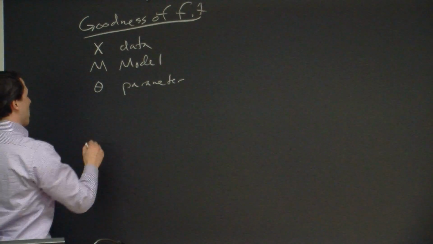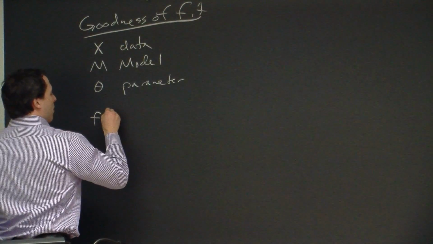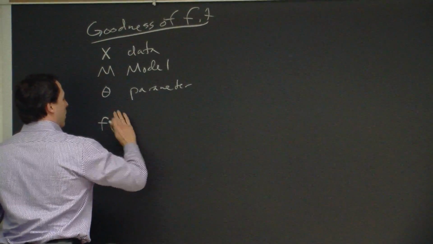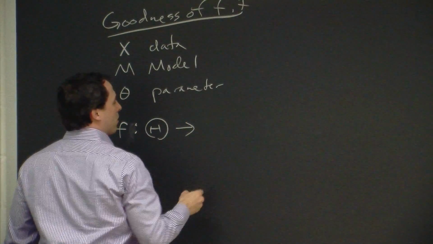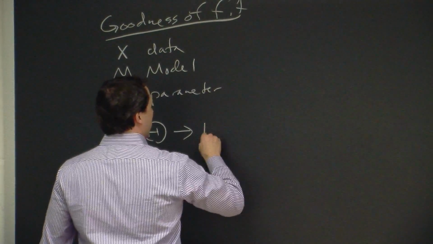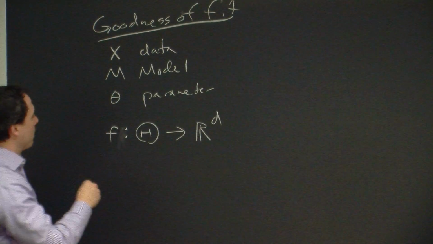And so we're thinking about a function f that goes from a space of possible parameters to some space of possible models. Maybe it's some real space.